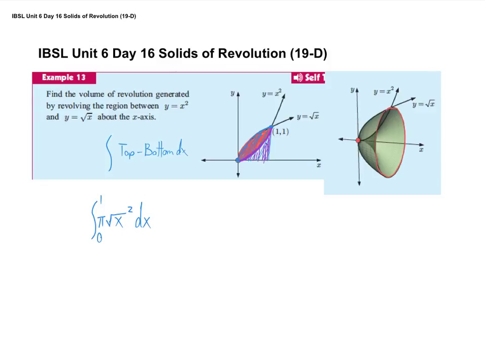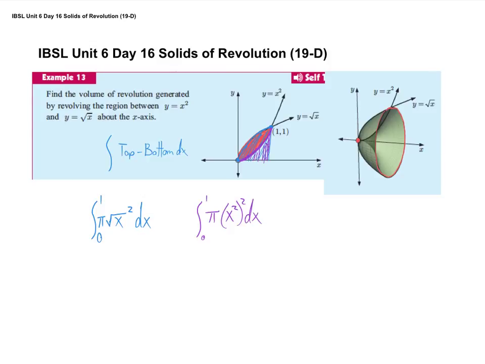And if we cut off the volume of that rotated around the x-axis, then our final volume will be just what we're looking for. Notice, to get that volume, it would be the integral from 0 to 1 of pi times x squared dx.